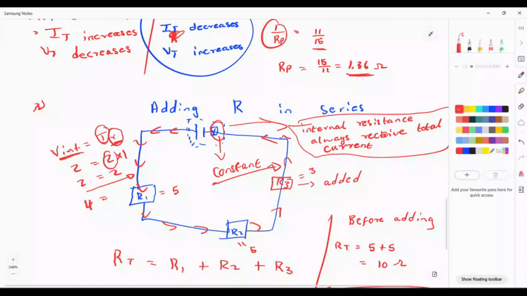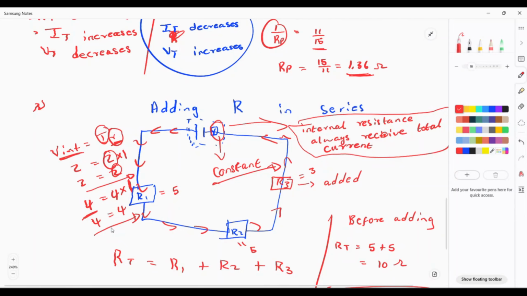So I can only change the total current to balance the equation. I have 2 this side and I want to make it 4 so that it balances. I'm going to increase the total current to 4, because my internal resistance remains constant. So I still have 4 equal to 4 multiplied by 1, which is 4. My equation is balanced.